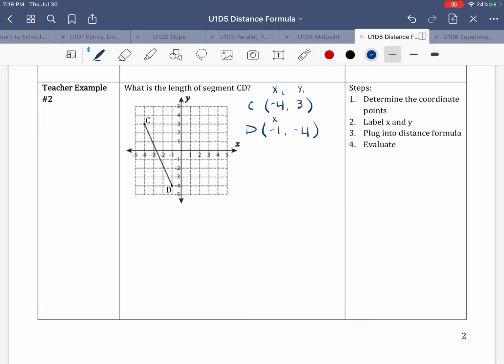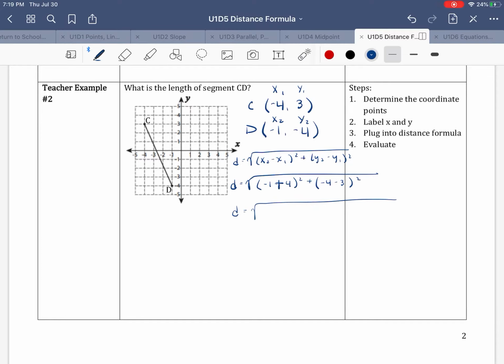We can again label x1, y1, x2, y2. And then we know that our distance formula, x2 minus x1 squared, y2 minus y1 quantity squared, all right? Distance equals x2, -1 minus a -4 squared plus -4 minus 3 squared.